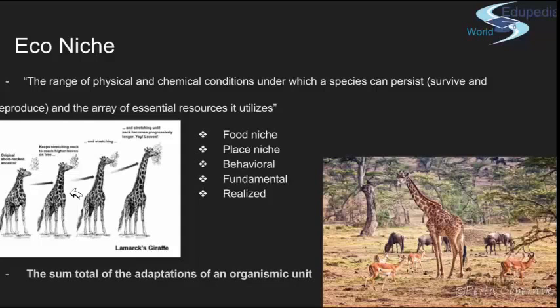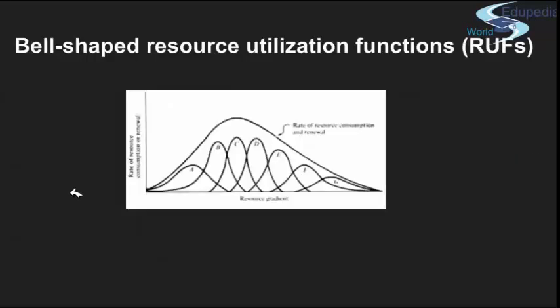But niche is not that. Niche is much more than that. The idea of niche is how an organism is interacting with its environment, the biotic and abiotic factors of it, how it is acquiring its needs, and how it's reproducing.